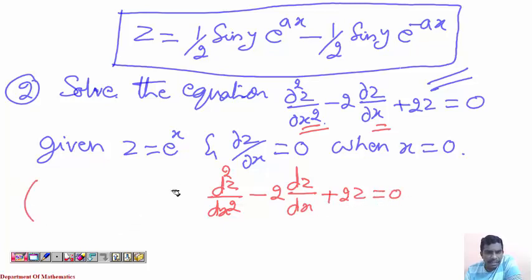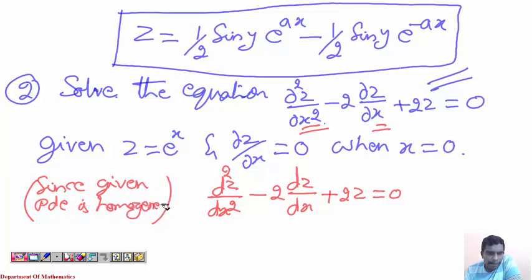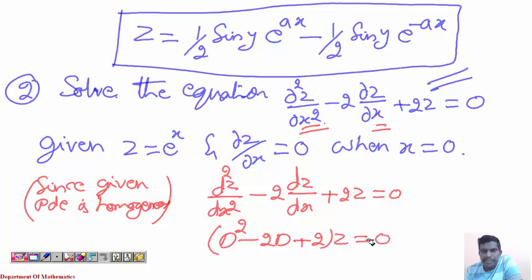Since the given PDE is homogeneous, you can write it as an ordinary differential equation. Now this can be converted into (D² minus 2D plus 2) z equal to 0. The right hand side is 0, so the particular integral will not exist. The complete solution is only the complementary function.